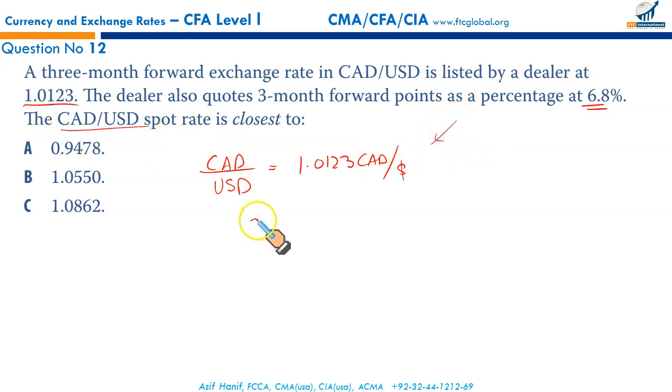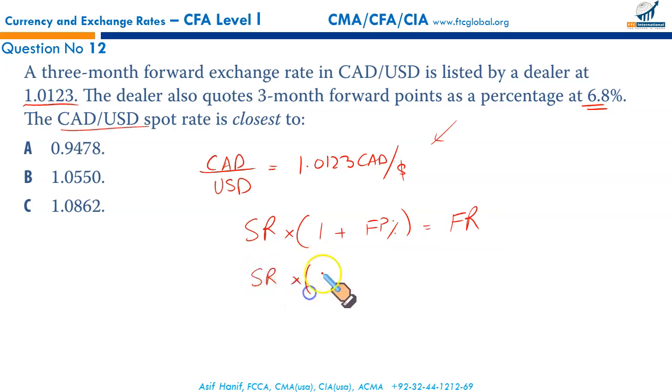We know the formula. Spot rate times 1 plus forward points in percentage is equal to forward rate. Simple as that. So since we need to find the spot rate, spot times 1 plus 6.8% converted into decimal, that is 6.8 upon 100, is equal to 1.0123.